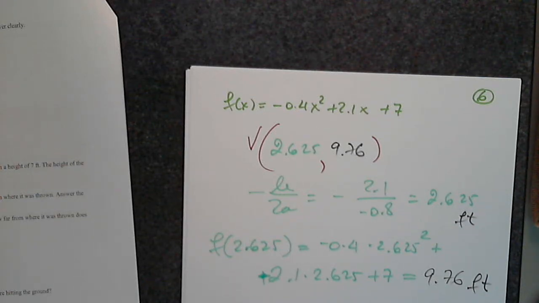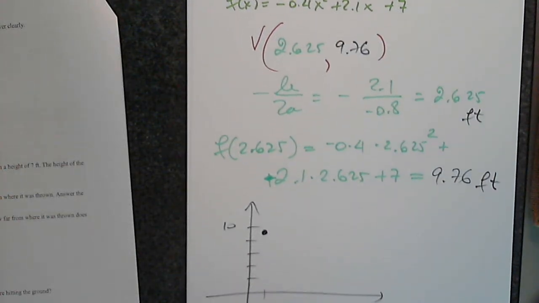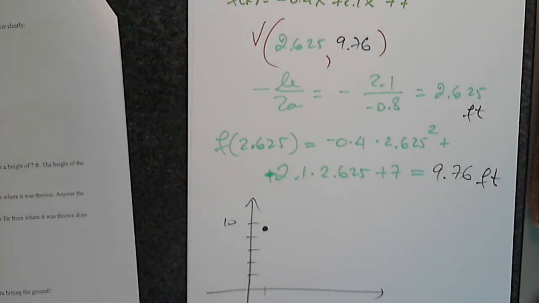How far will that occur? Exactly. So if I want to graph, I will have 2, 4, 6, 8, 10, and you said 2. So this is how I would graph the vertex. How far does the ball travel horizontally before hitting the ground?